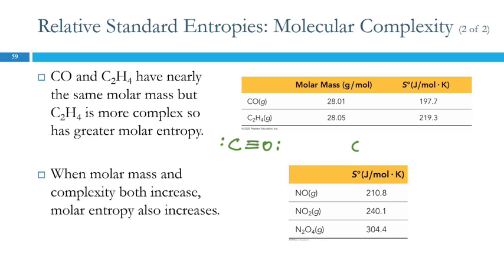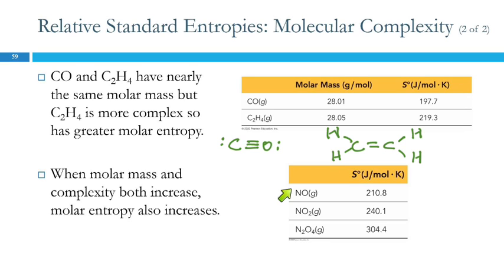Carbon monoxide, C2H4. Carbon monoxide has one bond that could vibrate. Here, we've got 5 different bonds that could vibrate. And they could be vibrating at different rates, and so there's all kinds of more things that could be happening. So more complicated, right?